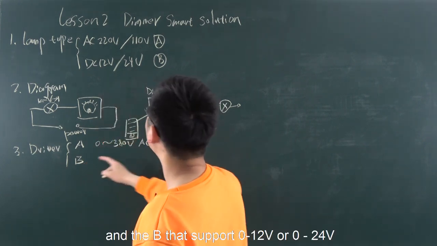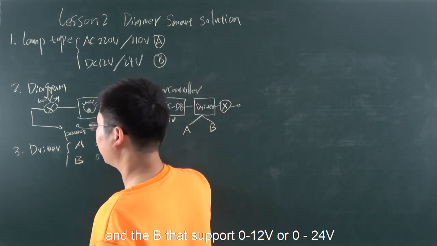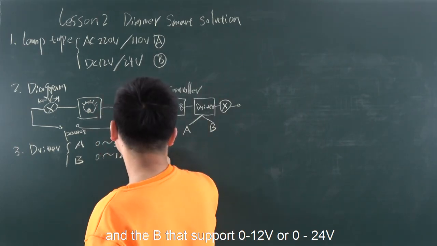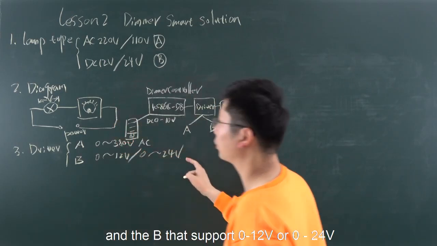Type B supports 0 to 12 voltage or 0 to 24 voltage.